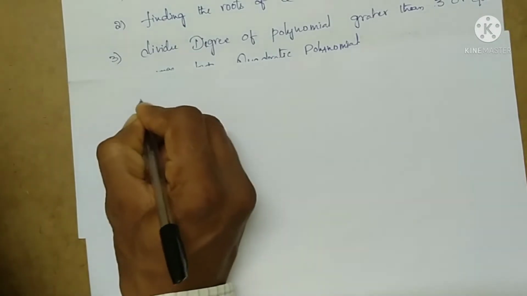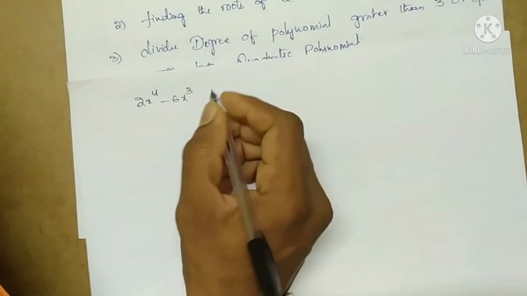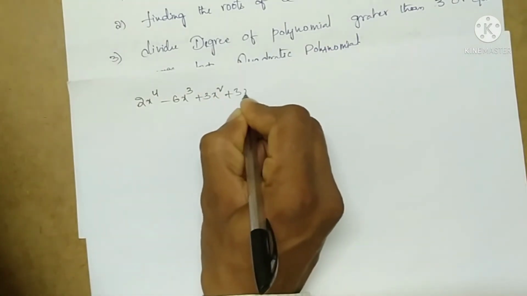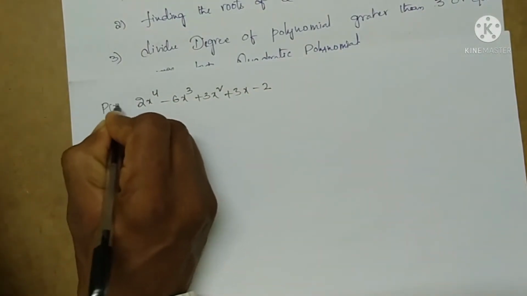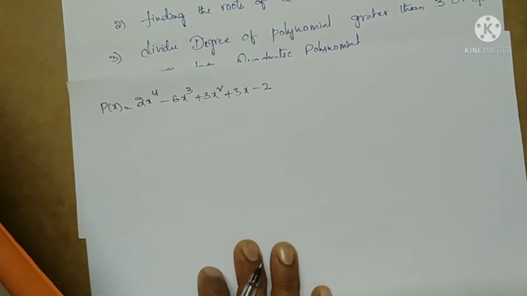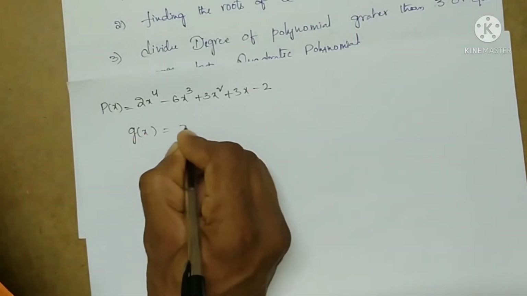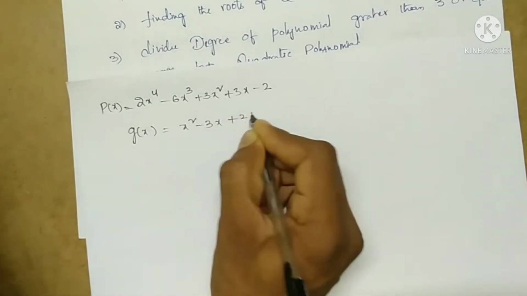So 2x power 4 minus 6x cube plus 3x square plus 3x minus 2 is our polynomial p of x. Here g of x is equal to x square minus 3x plus 2.